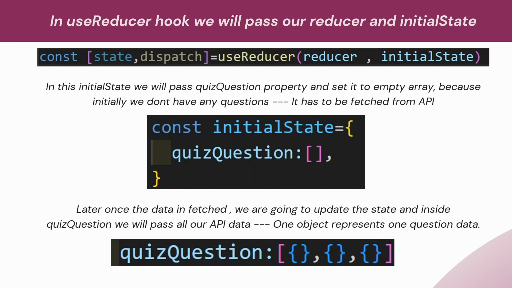So this is how we are going to create our initial state. First, we are not going to have any data. So that is the reason we will pass empty array. Later on, as soon as we get the data, we are going to update our state, and accordingly, we will be passing our data inside this quiz question property.